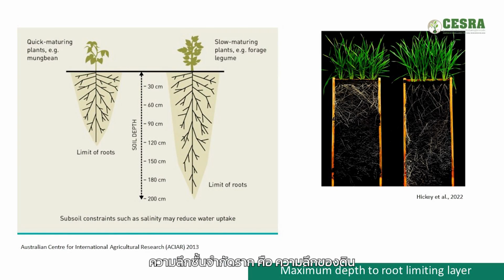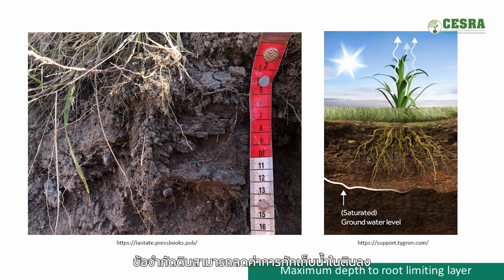The root limiting layer is the depth of soil that plant roots can potentially exploit before reaching a barrier to root growth, and it indicates the ability of the soil to provide a suitable rooting medium for plants. A soil limiting layer can decrease the available water holding capacity as well as macro and micronutrients.